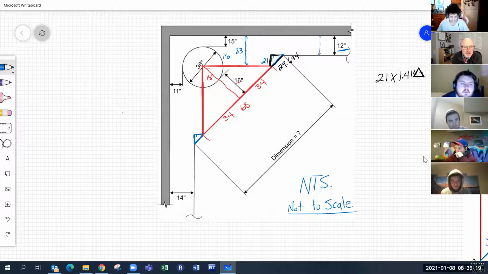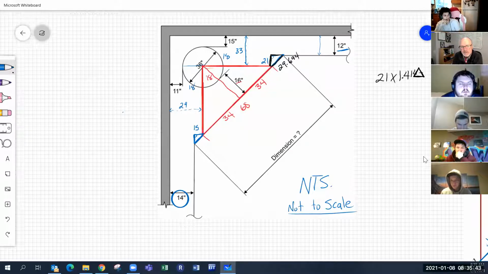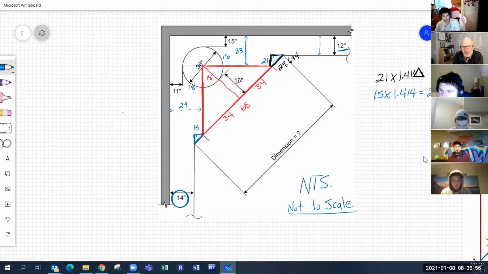So here's our right angle triangle. We're solving for this little travel right here. We get the measurement from the red line to the wall. And this is 18, half of this diameter, plus 11. So this is 29. And now I minus off 14 off of the 29, which makes this line 15 inches. So to get the travel of that, I go 15 times 1.414, and that equals 21.21.